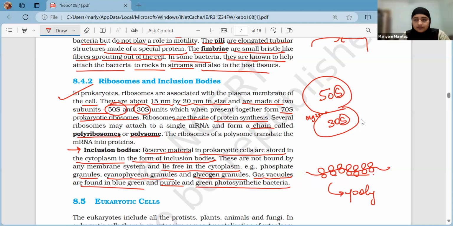Tell me. The ribosome of prokaryotes is of which type? 70S. Okay. Is the ribosome membrane bound or not, in the case of prokaryotes?